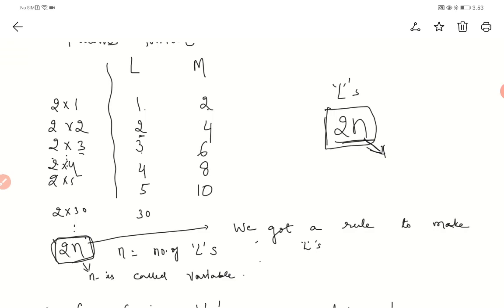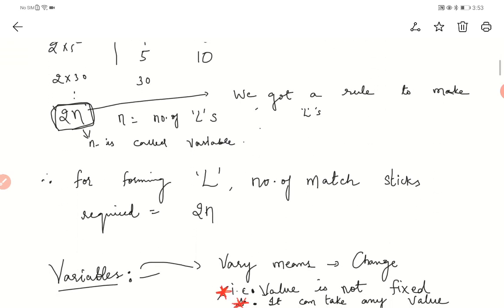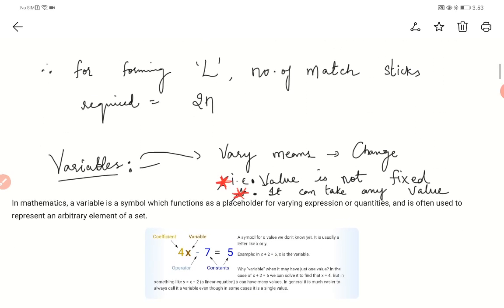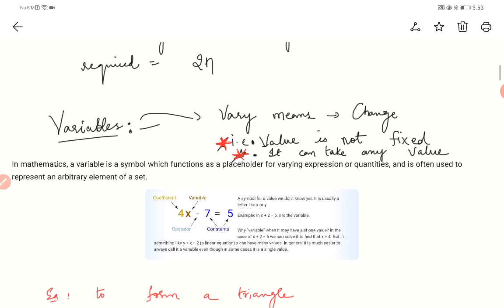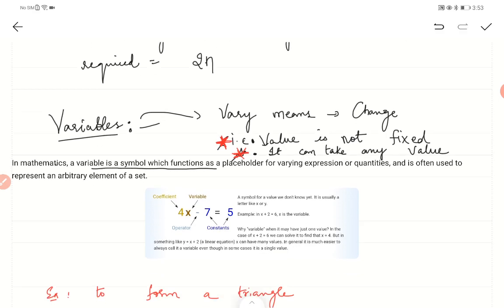So understand properly, a variable is a letter or alphabet used in maths, or in algebra, which can hold any kind of number. It is not fixed. It can be any value, any number. So a variable is a symbol which functions as a placeholder. It holds some value.